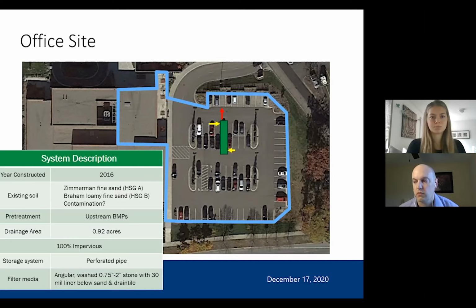The web soil survey indicates A and B soils on this site. Now I know that is not perfect, but that was the best information we had to look at. Soil borings were not available, so perhaps there was a contamination issue on this site. That's why they went with filtration. Pretreatment here is provided by upstream BMPs.